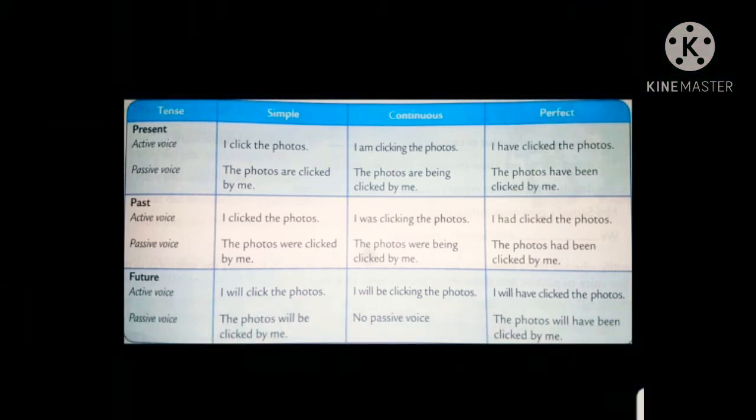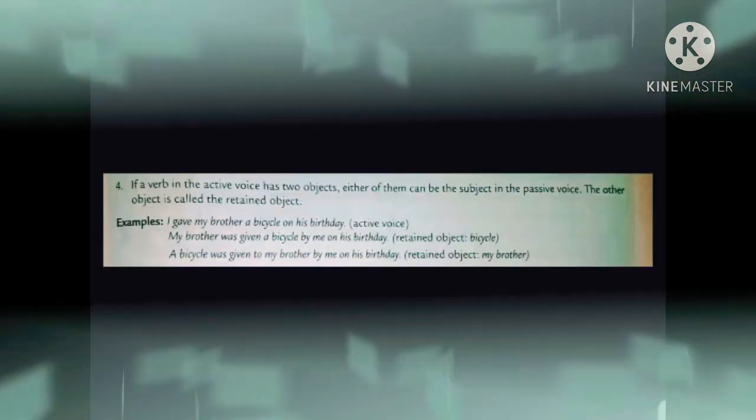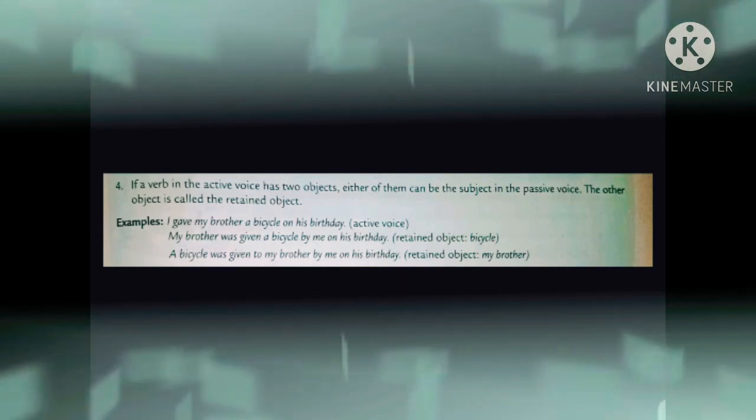Then the next one is if a verb in the active voice has two objects, either of them can be the subject in the passive voice. The other object is called the retained object. For example, I gave my brother a bicycle on his birthday. It is active voice. Now you can see that in this sentence we have two objects, my brother and a bicycle.